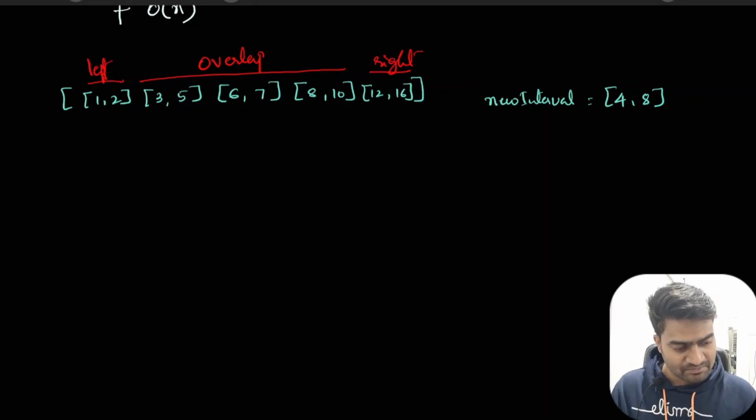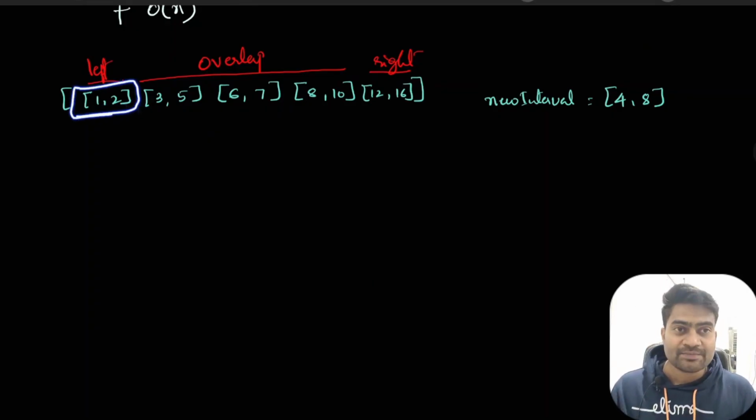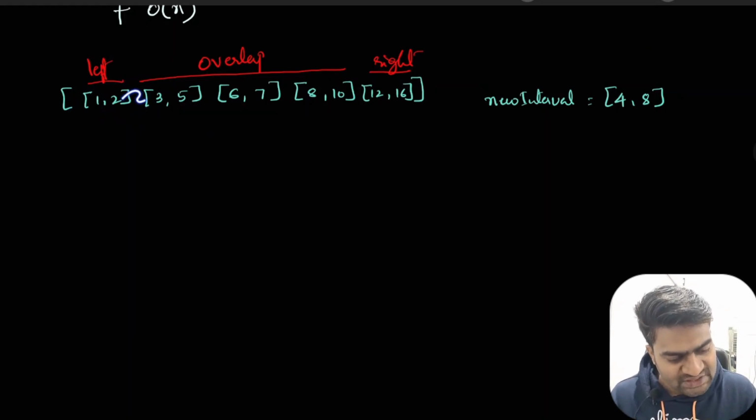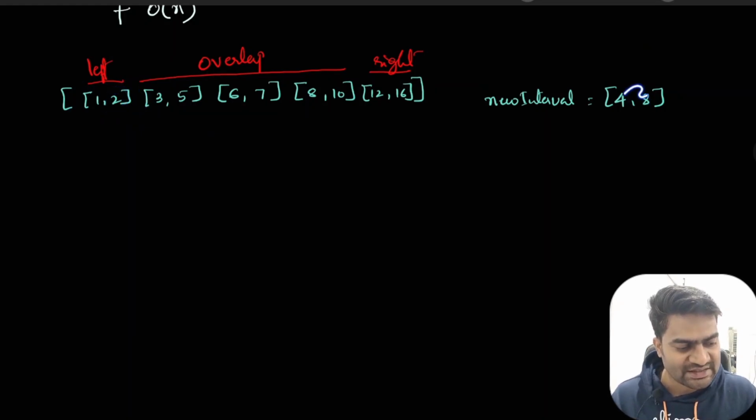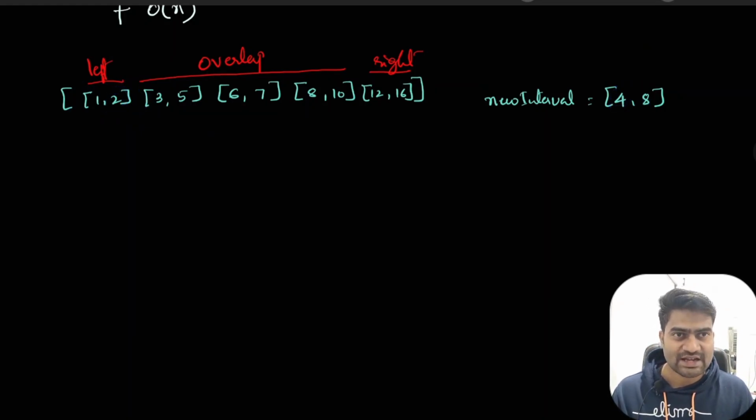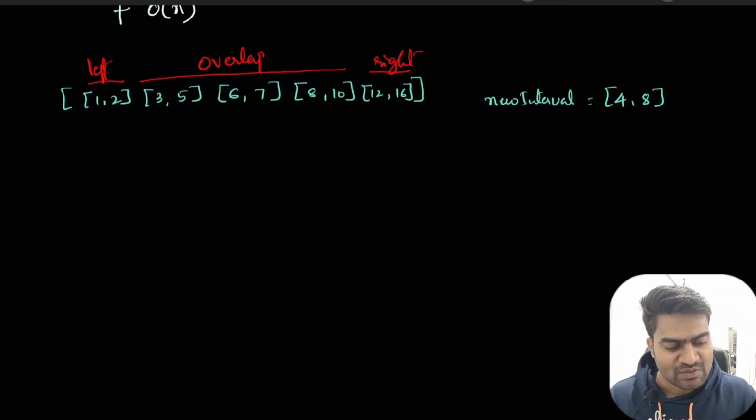Now how do we find this left part? Its end is less than the new interval's start, correct? So as long as the second value of an interval is lesser than the new interval's start value, I will keep pushing it to the new array.